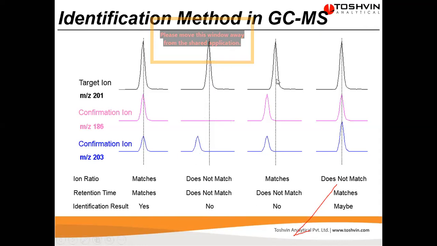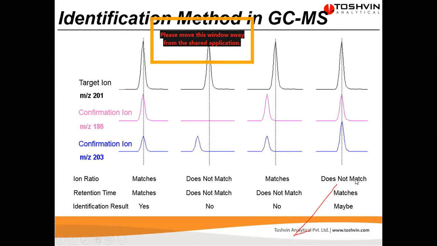In the third case, again, my ratios are matching. If you see the peak heights, these are matching with the first one, but my retention time is not matching. Again, if that is the compound, then I should get it in the same line, or at the same retention time. Since they are not at the same retention time, again I'll say that is not my A compound.